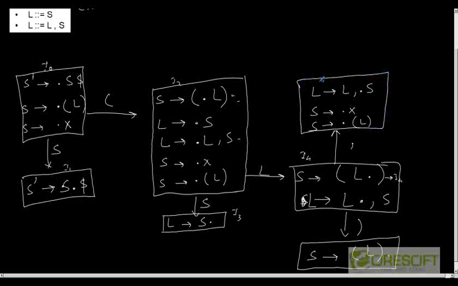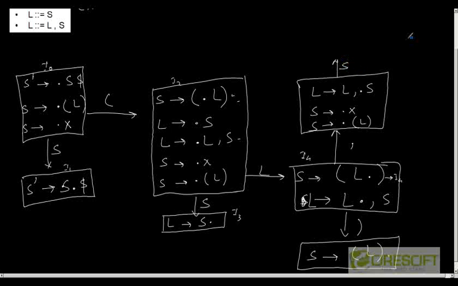So you start with an item and you create the new state by computing the closure of I. The closure of that item constitutes one state. From here you then compute the dot. By consuming, suppose S, what will happen?